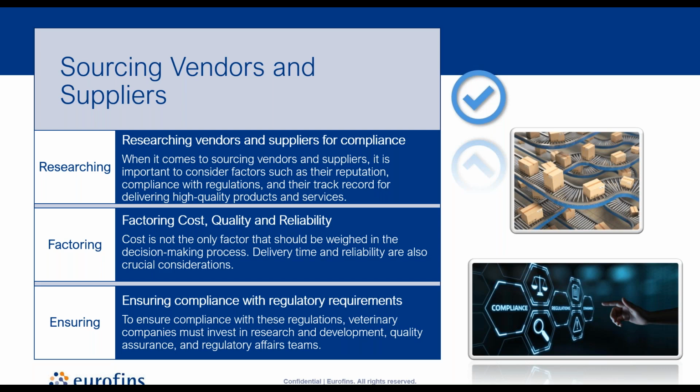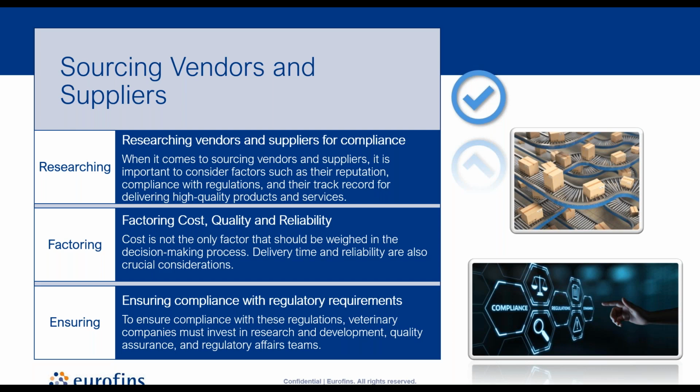Delivery time and reliability are also very important. Delivery time matters simply because it affects the speed at which your business can operate, as well as ultimately your end user, how quickly you can get a drug, or excuse me, nutritional product to the users that rely on you.